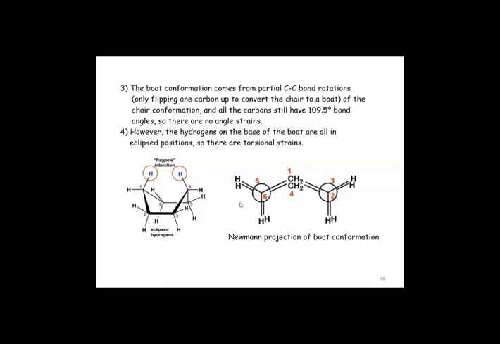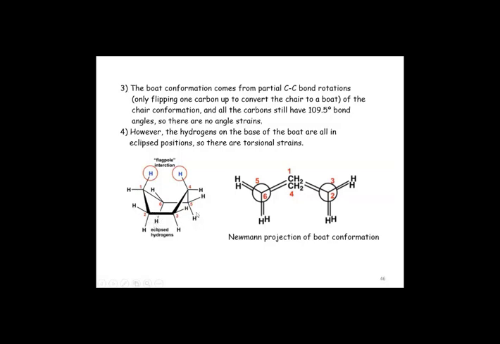Now, if we observe this structure across the bond bearing carbon number 5 and carbon number 6, from this angle, what we can see is this hydrogen and this hydrogen lie back to back.